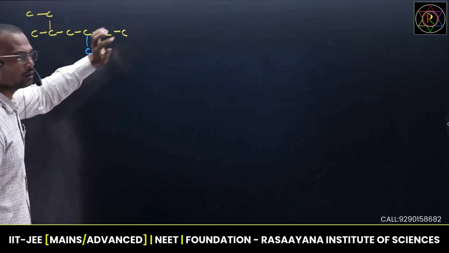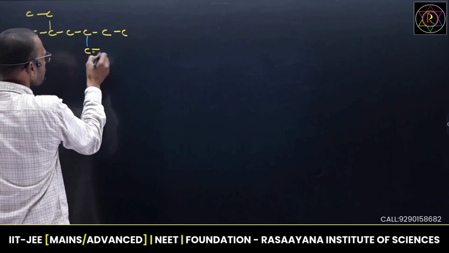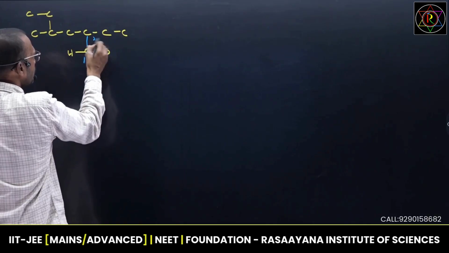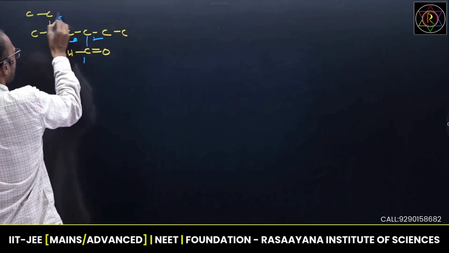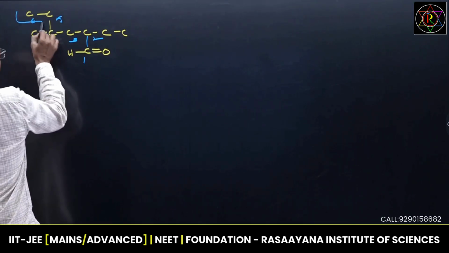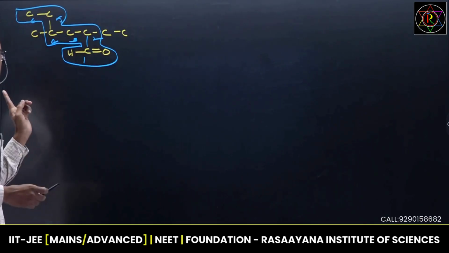But that is wrong. Always, when a carbon functional group is present, try to select a parent chain from the carbon functional group only. This is a carbon functional group, select from here. I can write 1, 2, 3, 4, 5 and this is 6. That is the selection of the parent chain. So this is a parent chain now. This is the parent chain of this molecule.